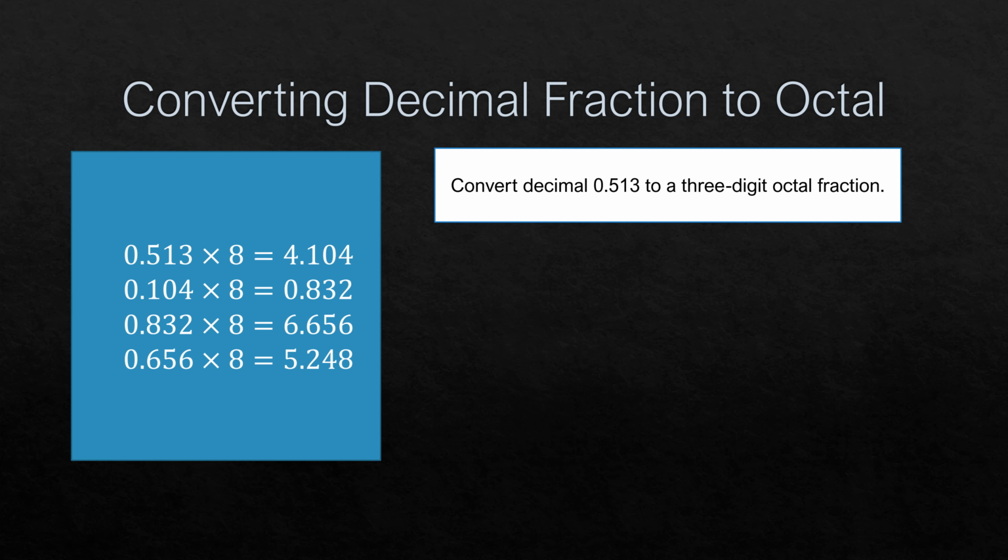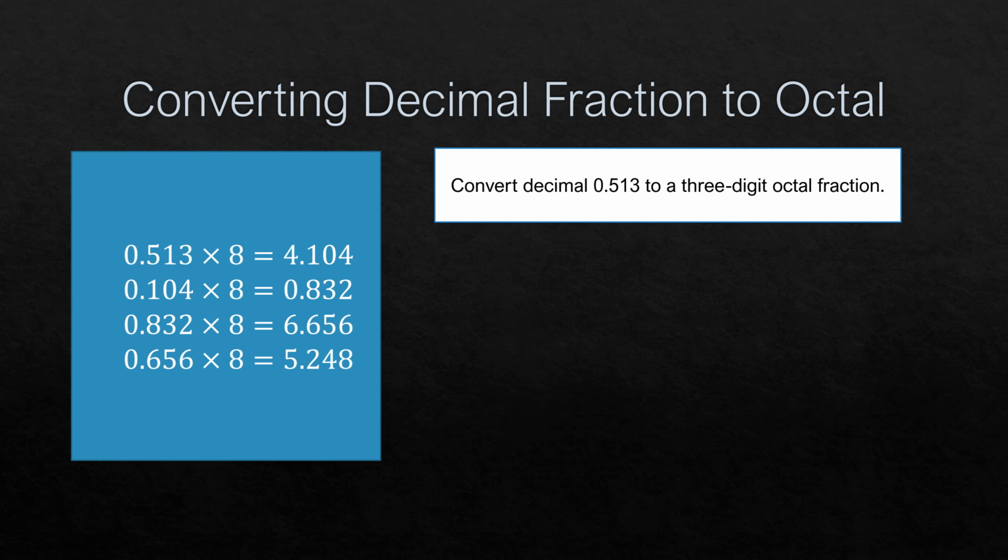We multiply the fraction 0.832 by 8, which gives us an integer of 6 and a fractional part of 0.656. We then multiply 0.656 by 8, which gives us an integer value of 5 and a fractional part of 0.248.